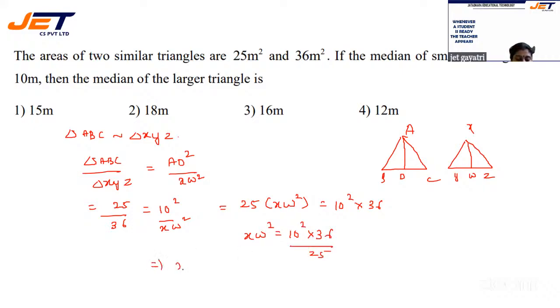So we get XW is equal to 2 into 6, which is 12 meter. So by solving it, you will be getting option 4, 12 meters. Hope this is clear. Option 4 is the correct answer.